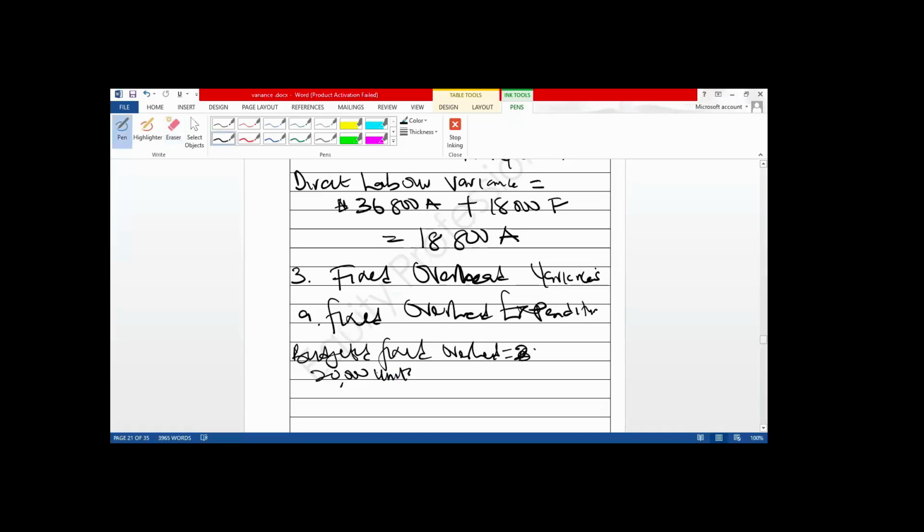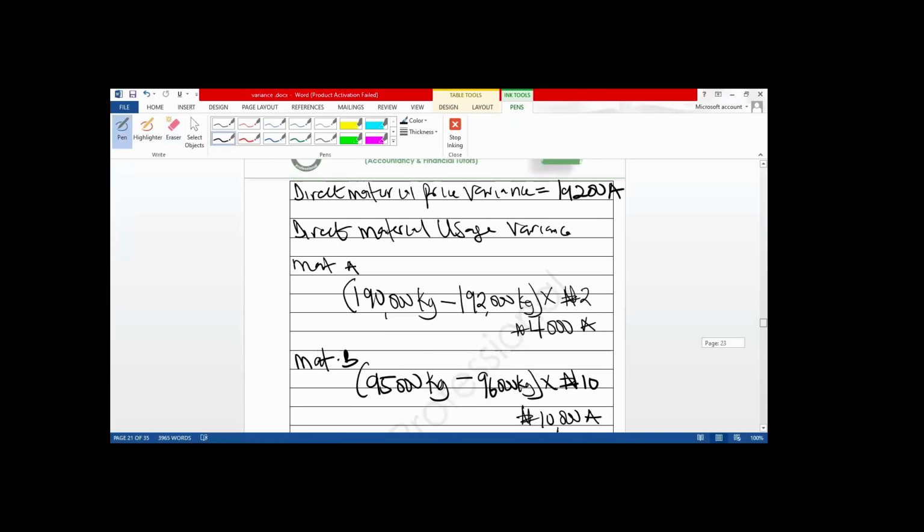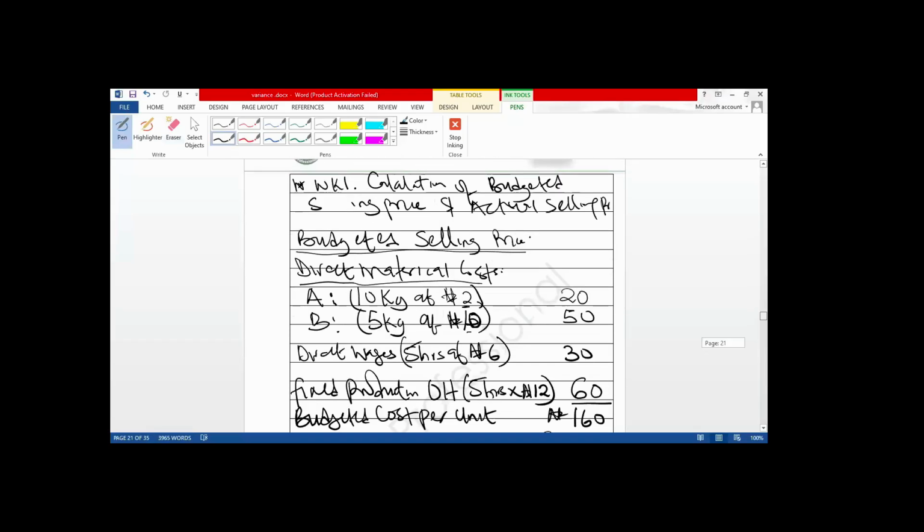Fixed overhead cost per unit is 60 naira, hours multiplied by the rate per hour. 20,000 multiplied by 60.